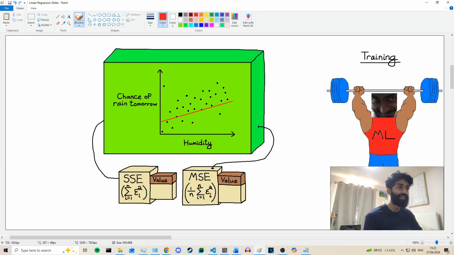And maybe this has gone down to 270. It's gone to 9. Then we do another iteration, and it looks more like this. And we get 240 for SSE and 8 for MSE.